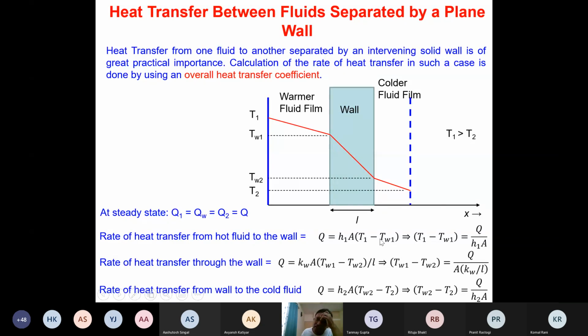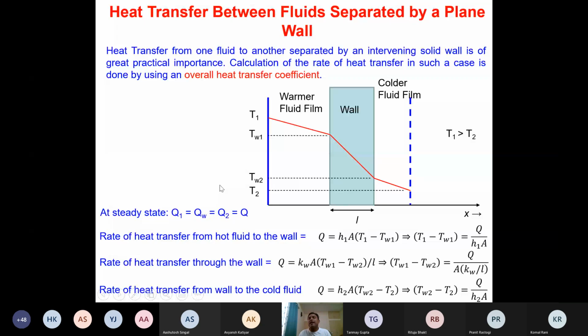So Tw2 is the wall surface temperature here, and T2 is nothing but the bulk temperature of the cold fluid. So Q is given as H2A, Tw2 minus T2. We can rearrange this equation and obtain Tw2 minus T2 as Q divided by H2A.